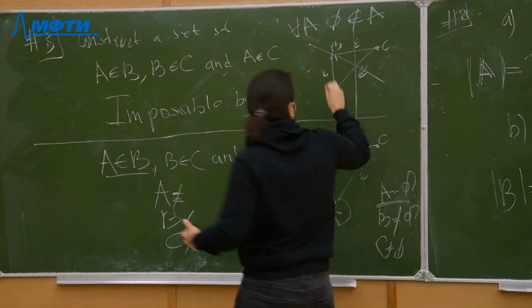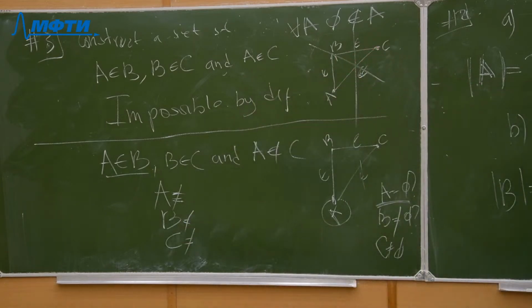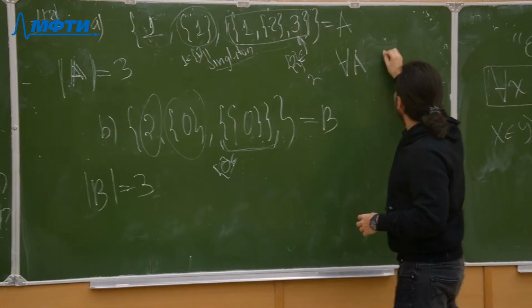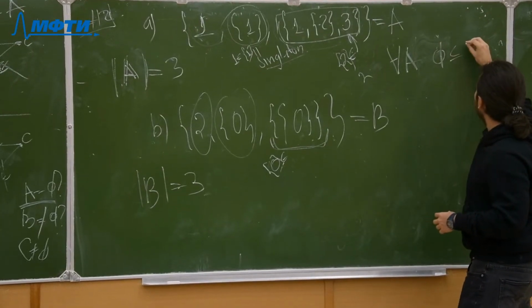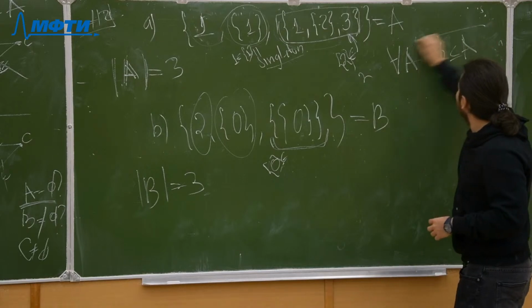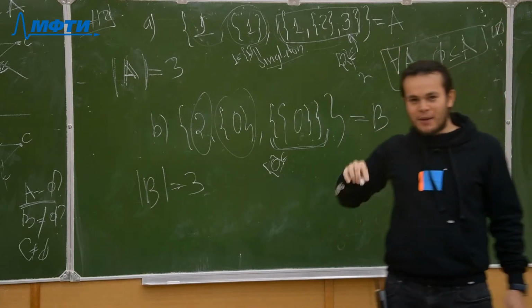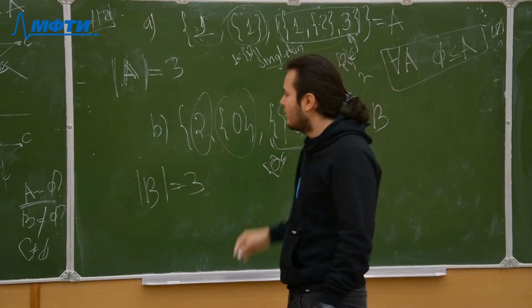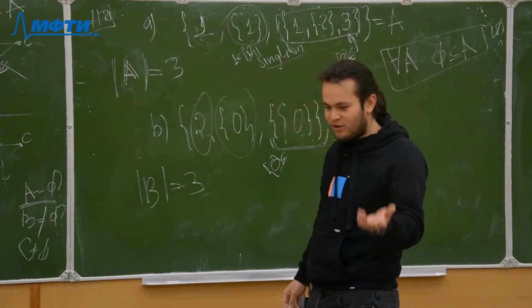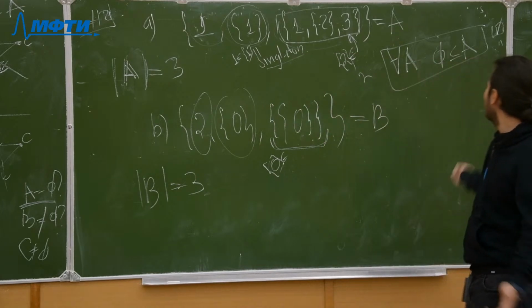But for all A, the empty set is a subset of A. And this is true. The empty set is always a subset of any set. And you will prove it in your lecture. Okay. Well, it's not difficult to prove, but anyway.